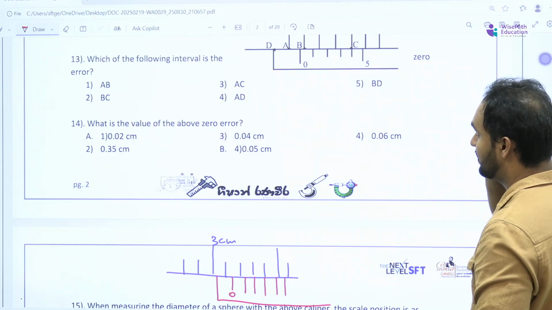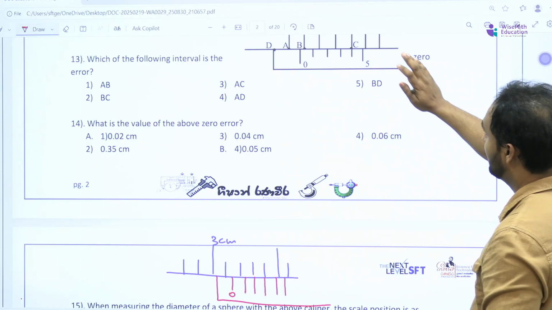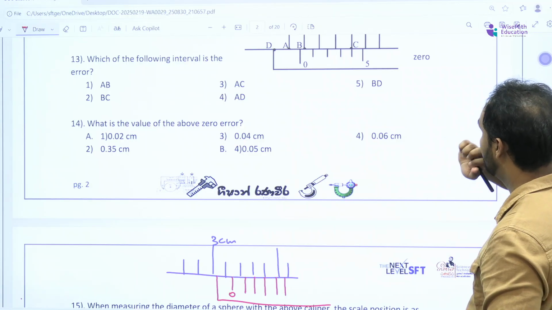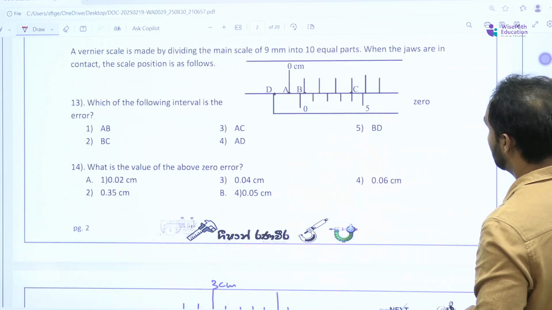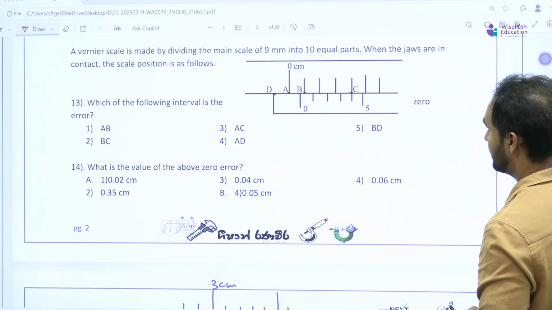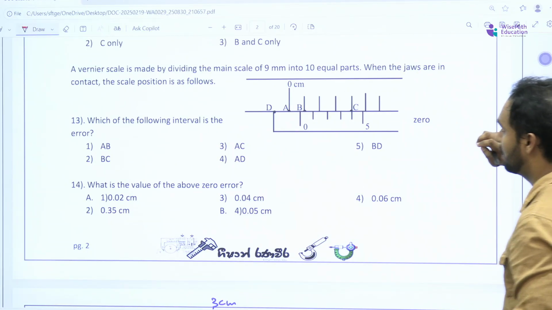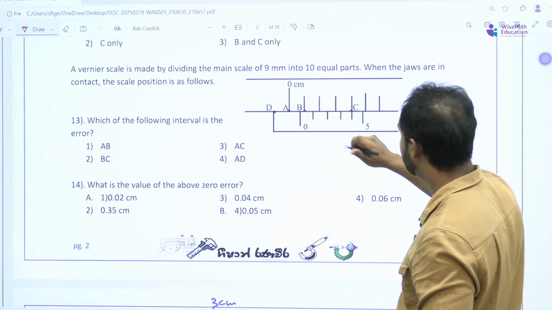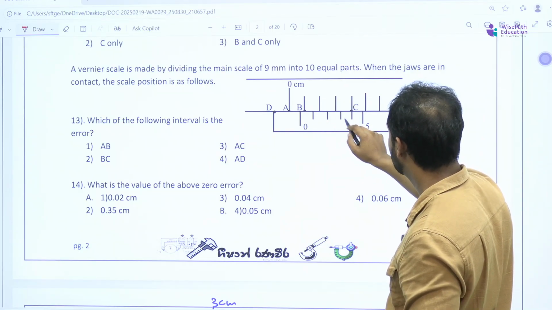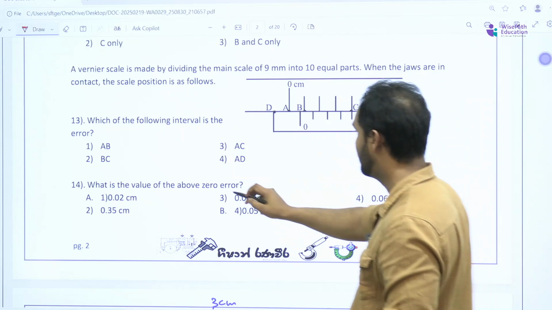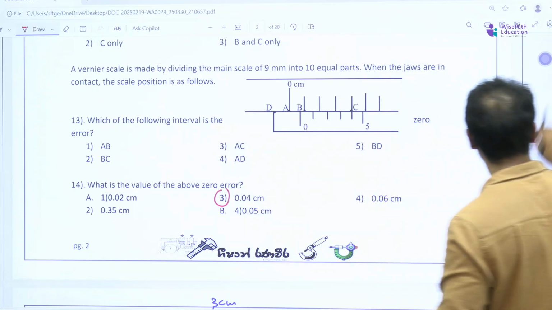What is the value of the above zero error, right? So now the zero error of this was how much? Can somebody send the error we found in question number 14? That is how much? 1, 2, 3, 4. That is 0.04 centimeters should be the error.